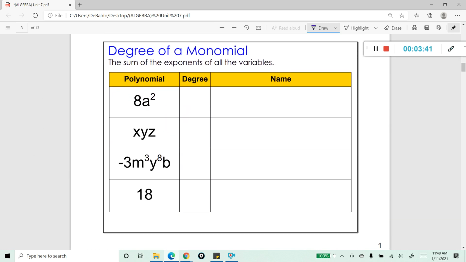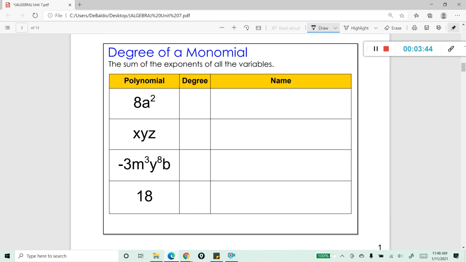All right, let's take a look at this chart here. Let's first determine what the degree of a monomial is. The way you're going to do it is take the sum of the exponents of all the variables. So in this first one, you can see that the degree is going to be 2. The reason is we have taken the exponents and added them together, and in this example there's only one exponent, so that's the degree of the item.